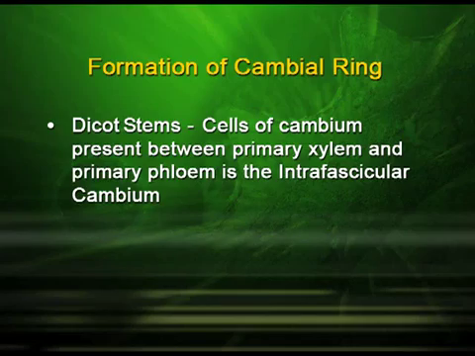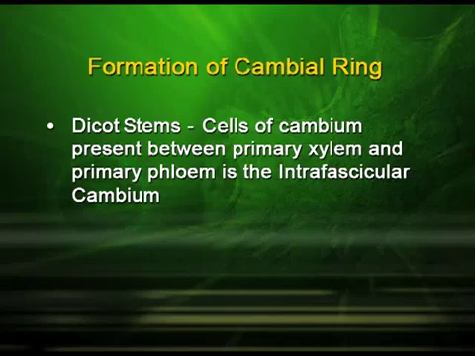The formation of the cambial ring: in dicot stems, we find the intrafascicular cambium, which are the cells of cambium present between primary xylem and primary phloem. Medullary cells adjoining these intrafascicular cambium become meristematic and form the interfascicular cambium, which is the continuous ring of cambia.